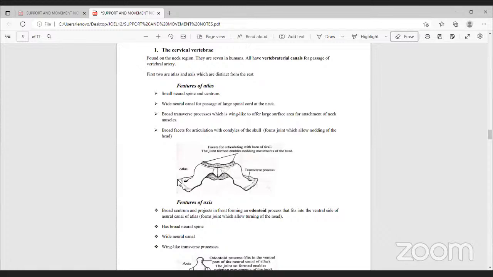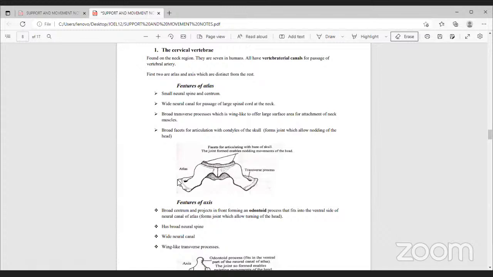Again, there are 7 in human beings. I told you that when we are dealing with support and movement, our reference point will be the human being. So in human, we have 7 bones that are making up the cervical vertebrae. They are found in the neck region.